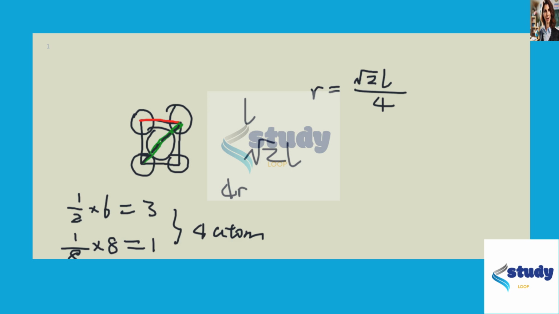So what's the volume of 4 atoms? The volume of a sphere is 4 over 3 pi r cubed.